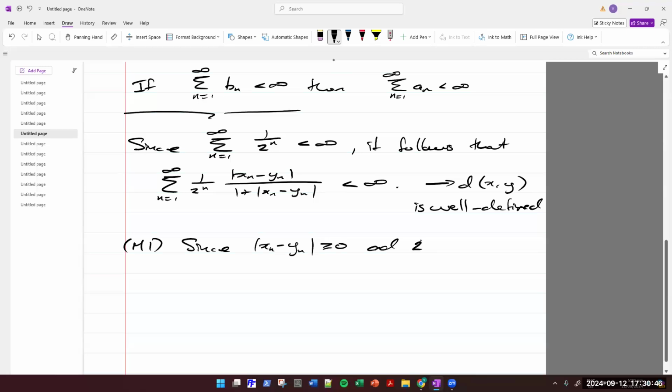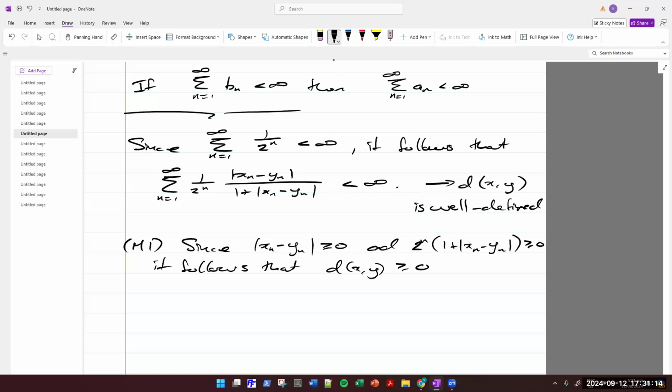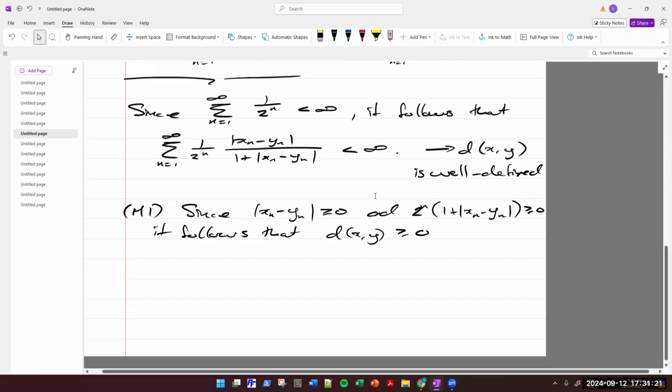So 2 to the n into 1 plus this term. It follows that d of x comma y is always bigger than or equal to 0. Okay, because the numbers that we're going to be summing in this series are non-negative. So if the series converges, it's going to converge to a non-negative number. Therefore, the metric is non-negative.